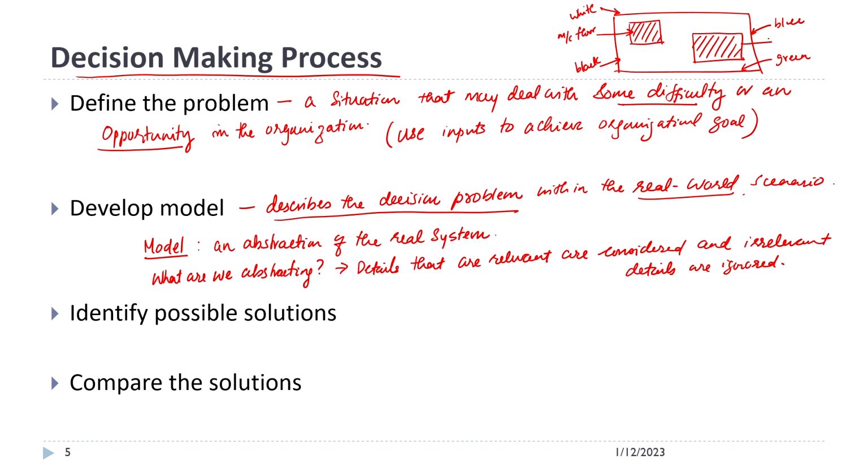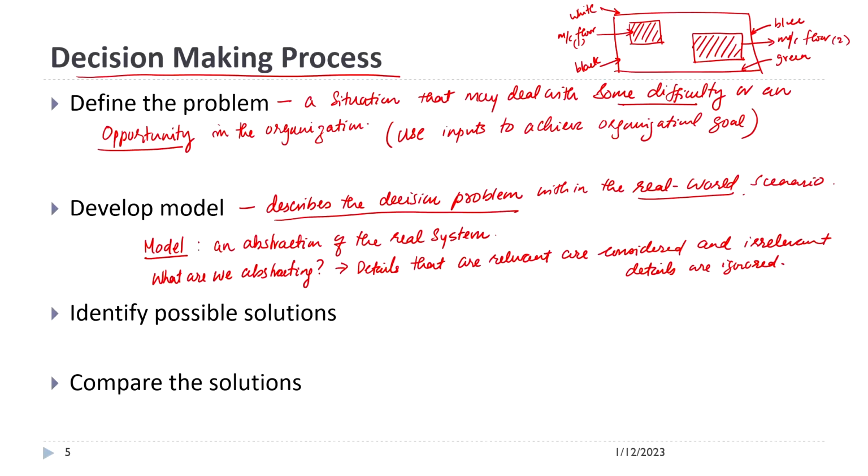If you have to place a very heavy machine, you may not look at the color of the wall. You will decide whether to place it on machine floor 1 or machine floor 2, because the machine has heavy weight and you do not want the floor to break.